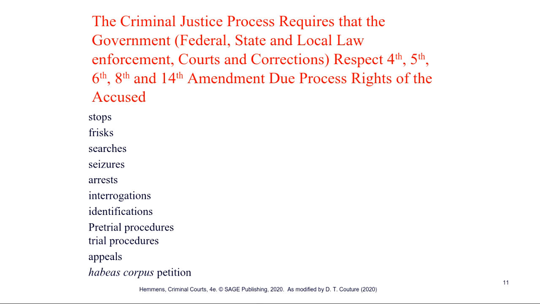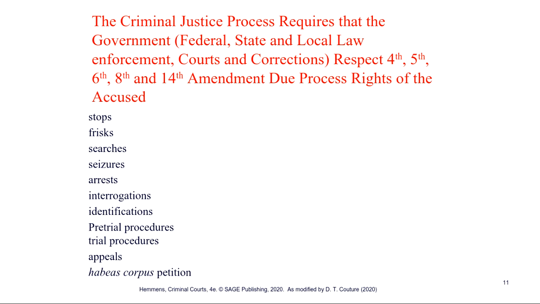A search of a person, which requires, as you hopefully remember and have learned in other classes, probable cause and a warrant, a search warrant or a warrant exception to search or seize. Those actions all may take place before an arrest even happens. Sometimes they take place after an arrest. So the 4th Amendment applies to stops, frisks, searches, seizures, and arrests.